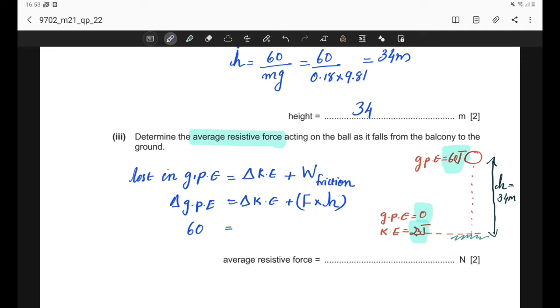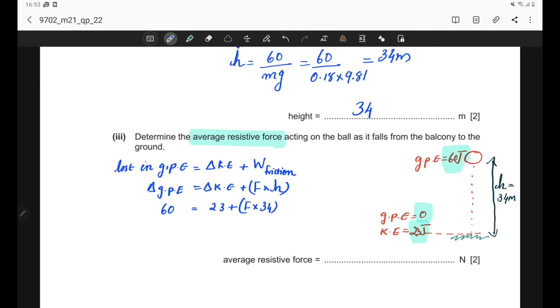While it touches the ground, its gravitational potential energy is 0. So the change is 60 joule. Kinetic energy is 23 plus force times height, which is 34. So here the only unknown is force, so we can calculate the value of force easily just by rearranging the equation. So we will get force is equal to 60 minus 23 over 34, and we will get 1.1 Newton.